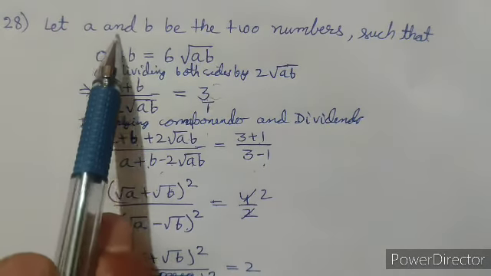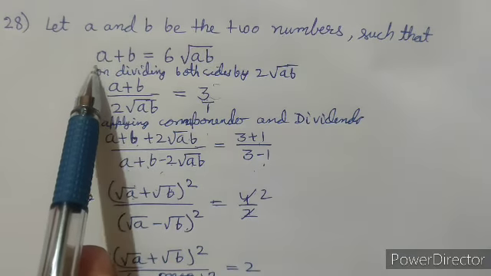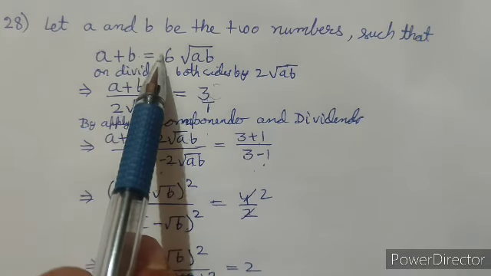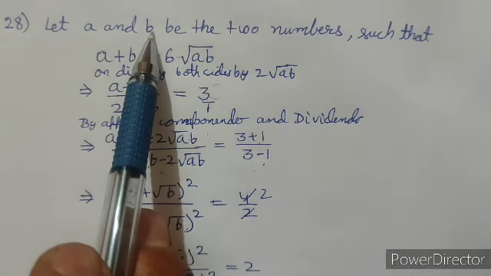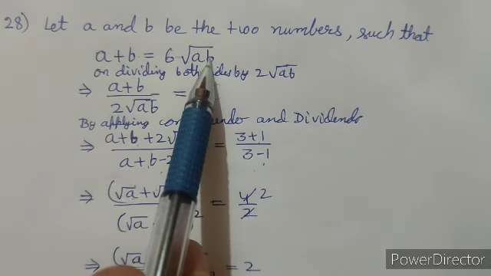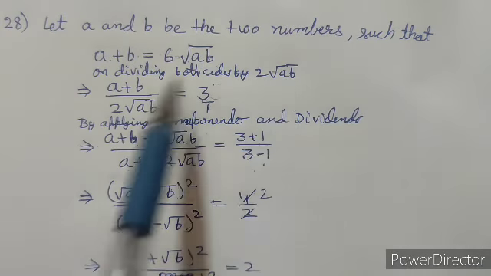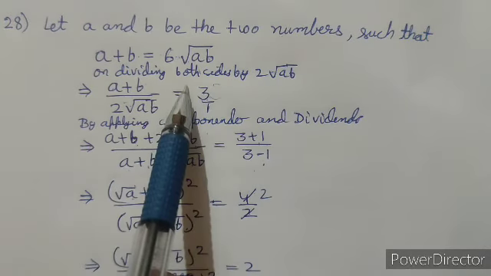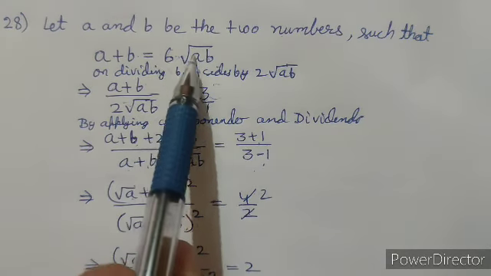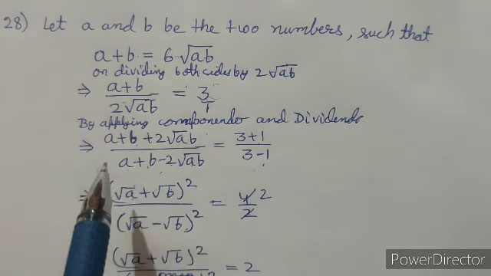Now, let a and b be the two numbers such that the sum of the numbers, that is a + b, is equal to 6 times their geometric mean, and the geometric mean of a and b will be √(ab). On dividing both sides by 2√(ab), we will get (a + b)/(2√(ab)) = 6√(ab)/(2√(ab)), and that will be equal to 3/1.